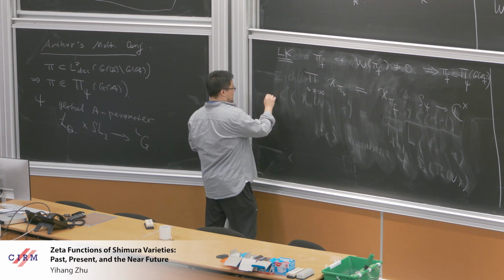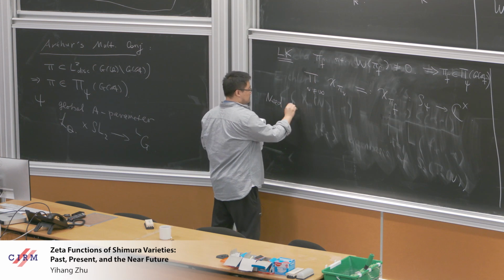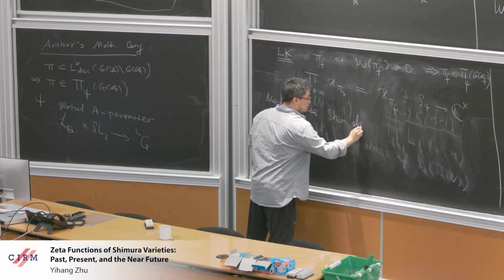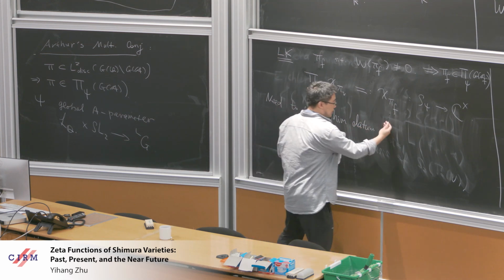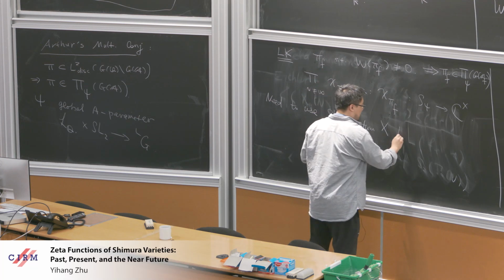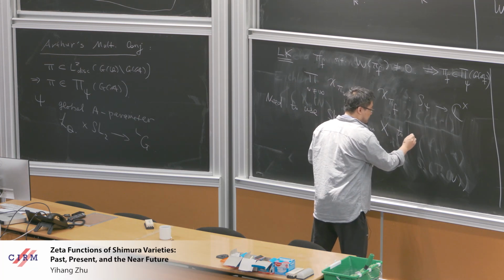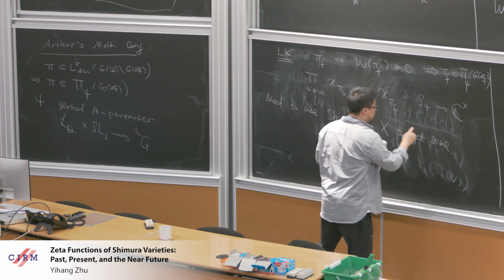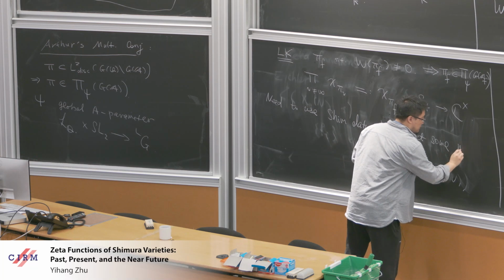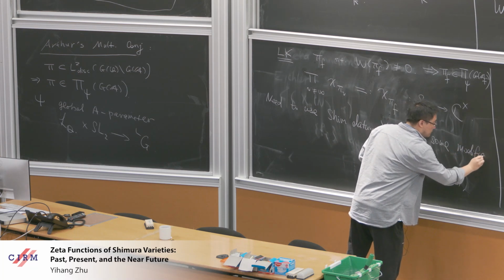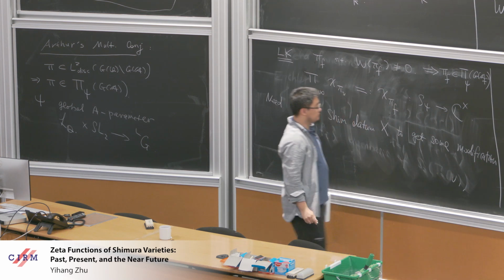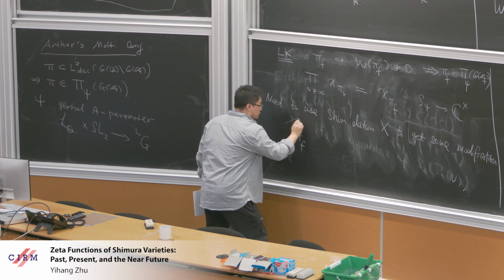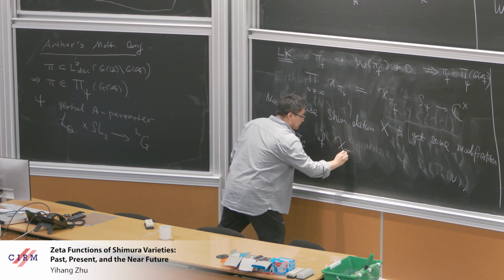So one needs to use the Shimura datum X to cook up some canonical modification of this one, which I denote by χ_π_f tilde.